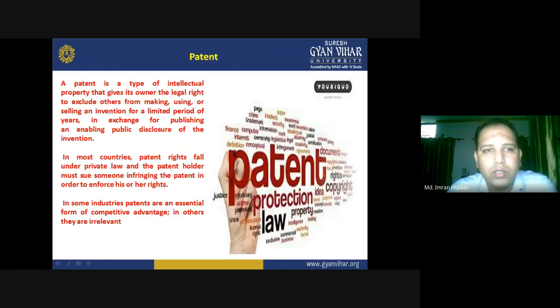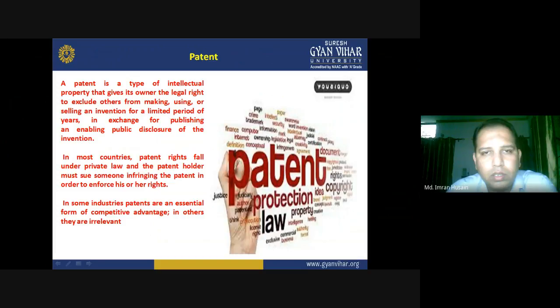So patent is a type of intellectual property right, right? And it gives the owner the right to control the using and selling of his or her invention for a particular period of time.